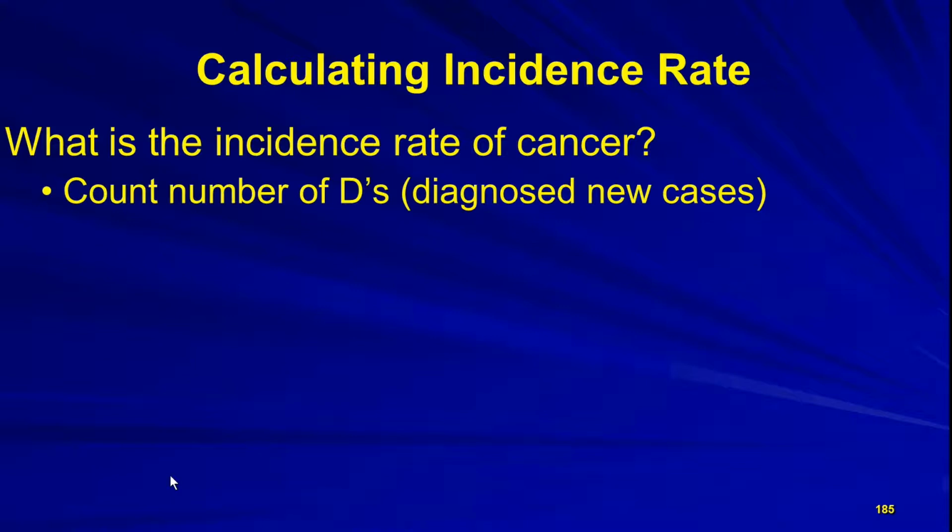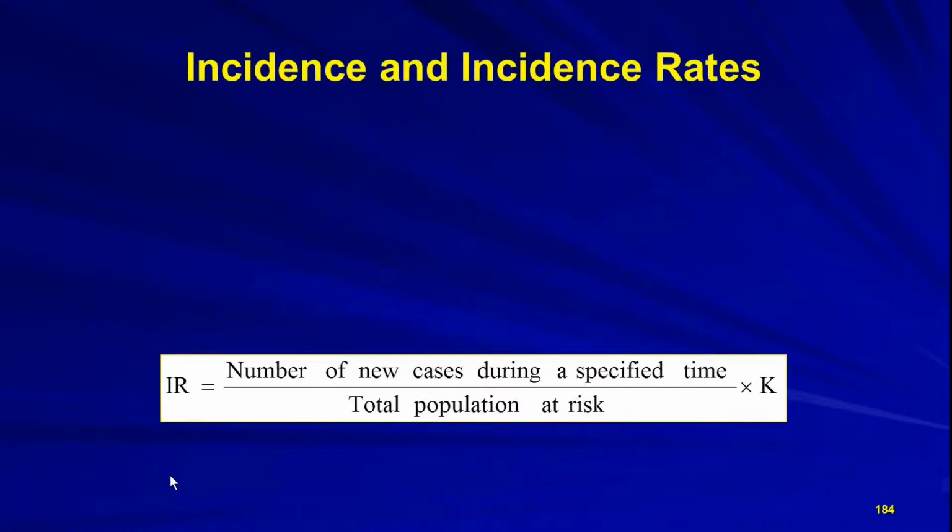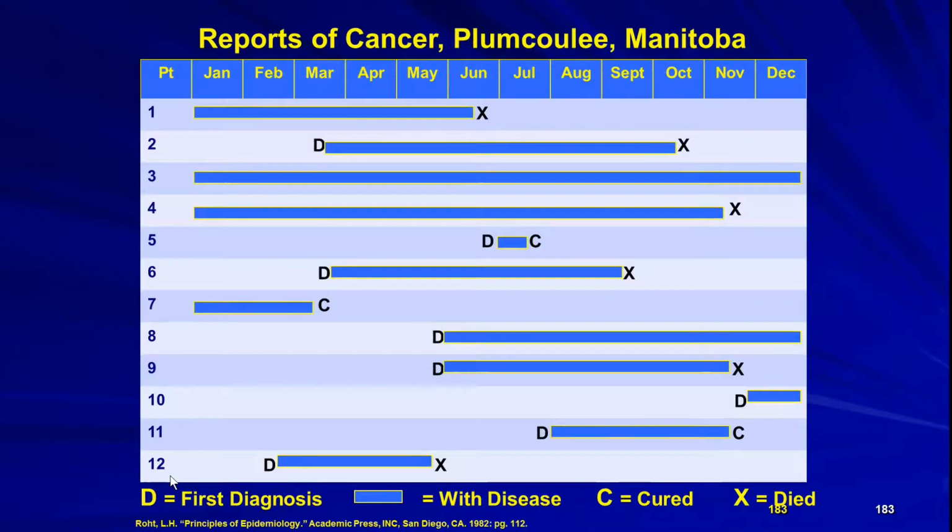Now I want to go back to that slide, and I want you to look at it very carefully with me. Okay, so in looking at this, what are you going to count as incidence? Well, we know the incidence is going to be during an annual period, and we have an annual period shown on top, and then we have a new case because it's newly diagnosed.